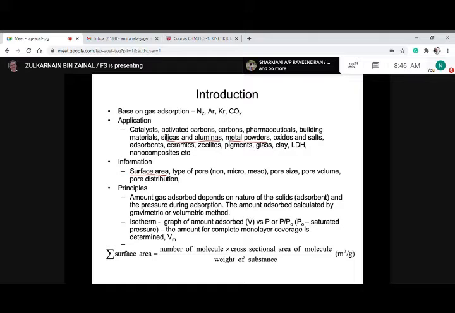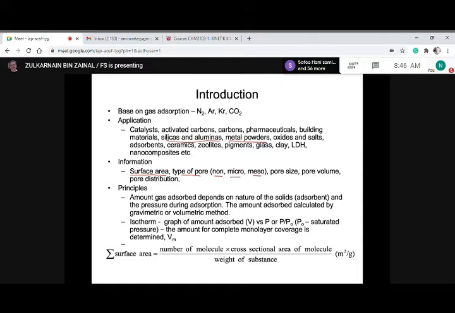And the other thing is the pore. What type of pore? Is the material non-porous, or does the material have pores, but the pores are in the micropore range? We're going to see what the micropore range is later. Or is it in the mesopore range of size?